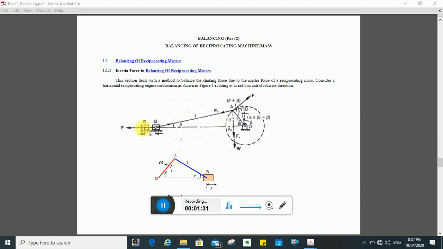As you can see, B is the position of the piston, with the linkage OAB. They have angle theta here, and they have angle beta here, on the X axis. Okay, X component.